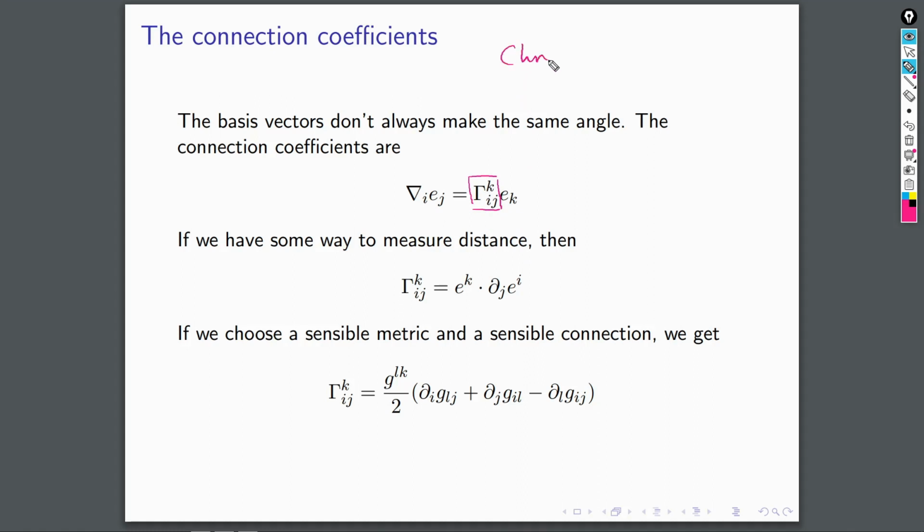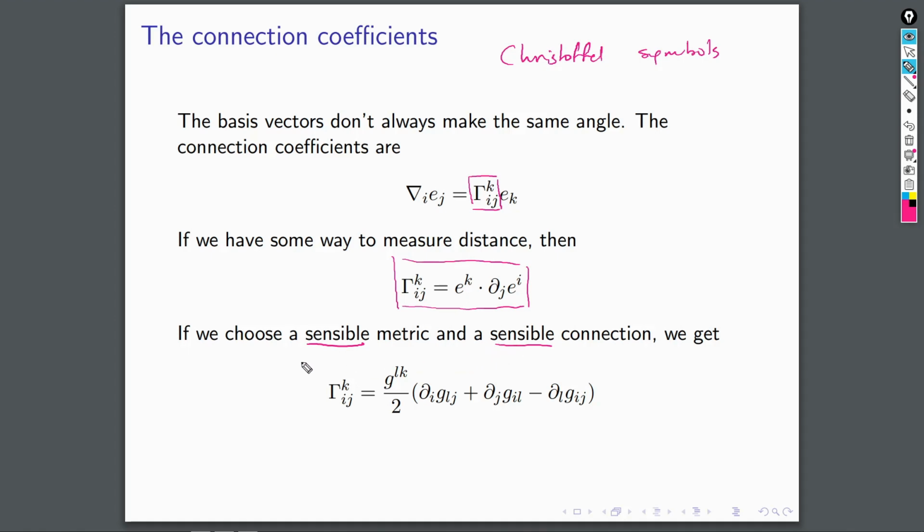also called Christoffel symbols, all right? And they basically measure how much the angle between basis vectors changes, okay? So if we choose the sensible metric and a sensible connection, again, in some precise kind of way that's not relevant to this video, we end up with this formula here.